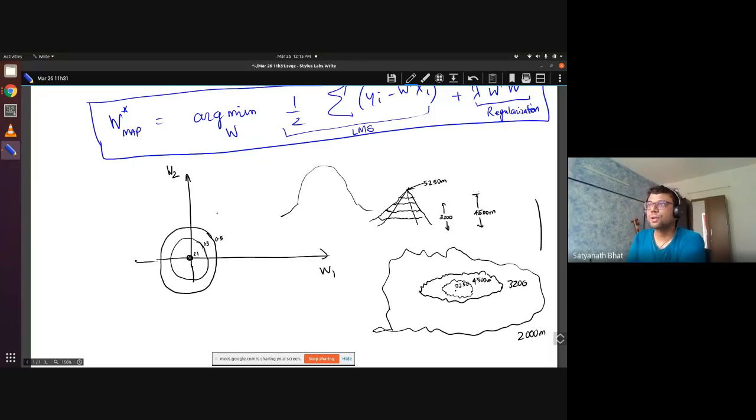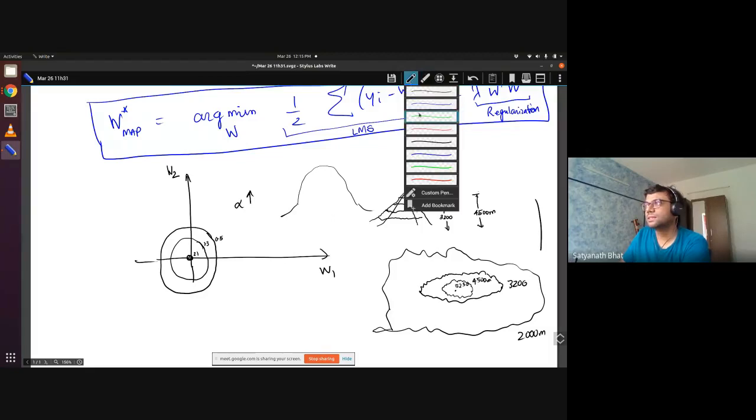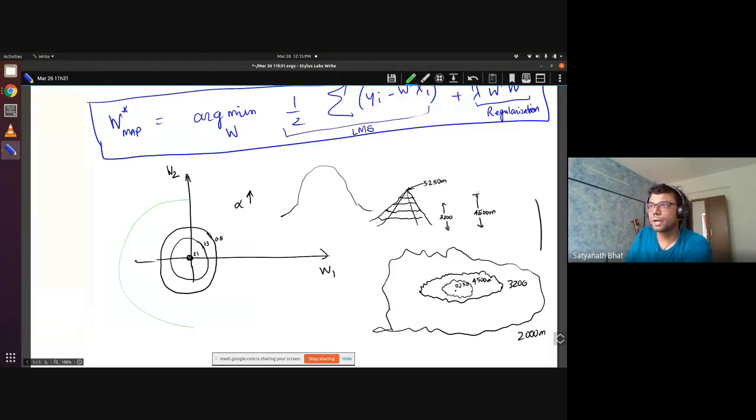Now depending upon alpha, if alpha is bigger, the contour can become something like this. The contour gets more spread out and the height will reduce. So when you increase alpha, the uncertainty becomes more.